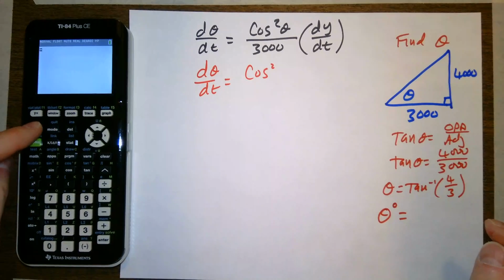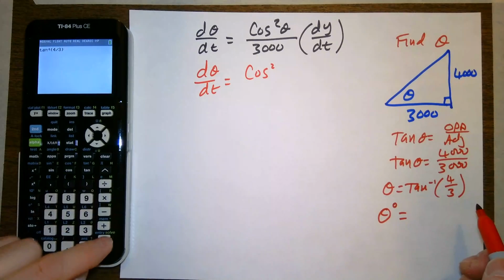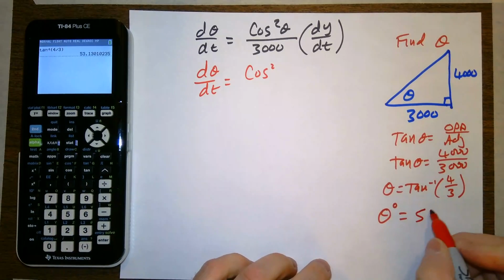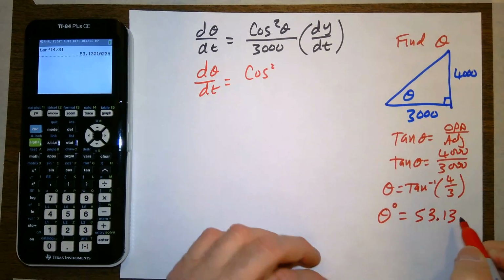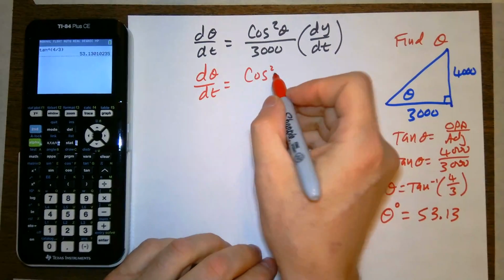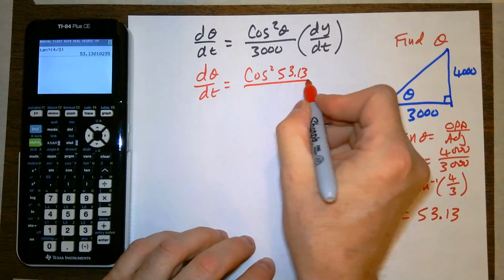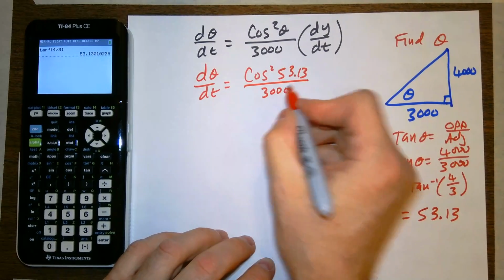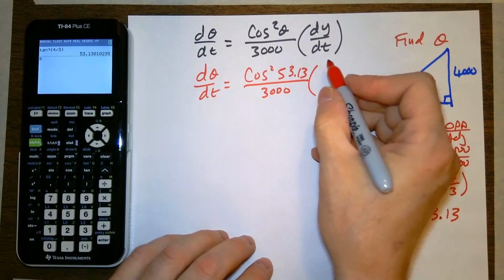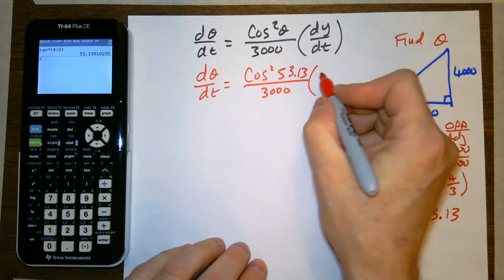So the inverse tangent of 4/3 is 53.13 degrees. So the angle is 53.13 degrees. That's what's going in here. 53.13 degrees over the fixed rate of 3,000 times dy/dt. Remember, the dy/dt was 880.